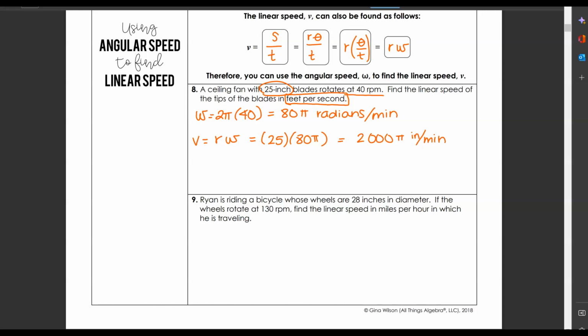Okay. So now let's do that conversion again because we want it in feet per second, not inches per minute. So we're going to start off with that 2,000 pi inches per minute. Let's get rid of the inches. We want it per second, so there are 60 seconds in 1 minute. And we want it in feet, so I know that there's 1 foot with 12 inches.